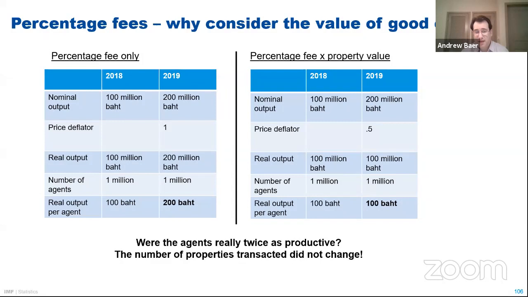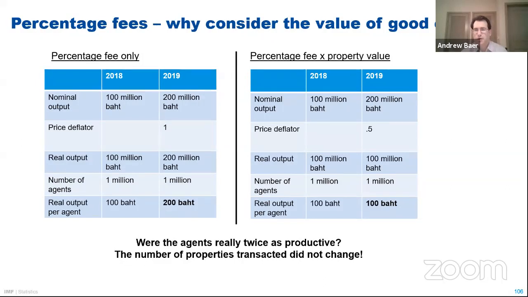So that would mean that the productivity data for Thailand would show that each agent was now twice as productive, because they received twice as much revenue for providing the same amount of labor inputs. So they were twice as productive.